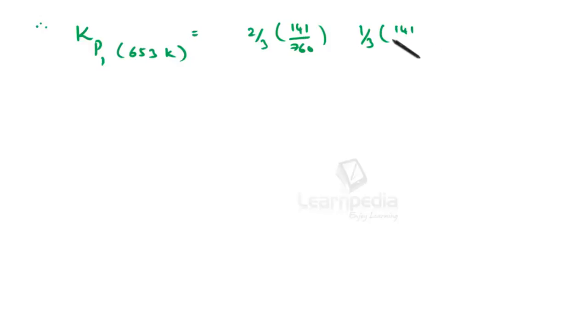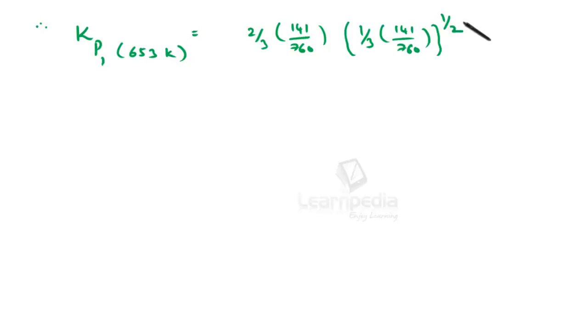Therefore, Kp1 in terms of partial pressures at temperature 653 Kelvin is given by the partial pressure of mercury vapor, which can be written as 2/3 into 141 by 760, into partial pressure of oxygen whole to the power of half from the system. And what is the partial pressure of oxygen? 1/3 into 141 by 760 atmospheres, whole to the power of half.